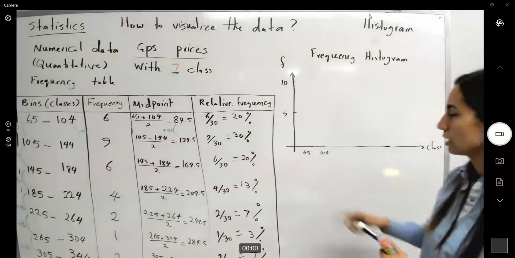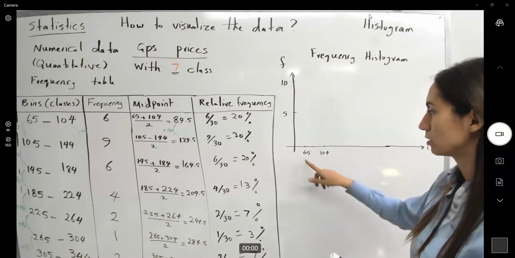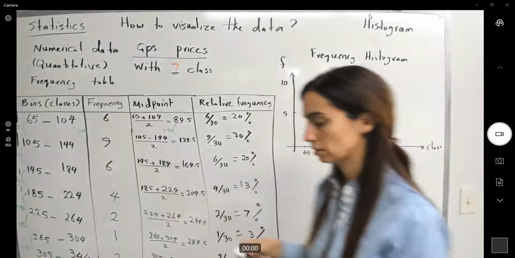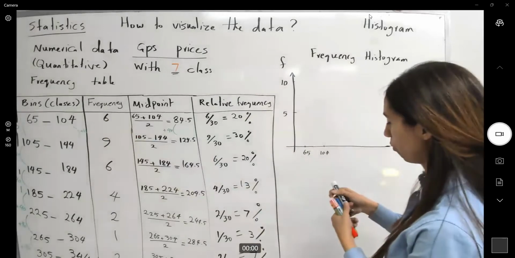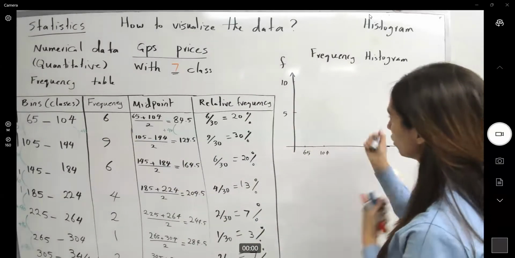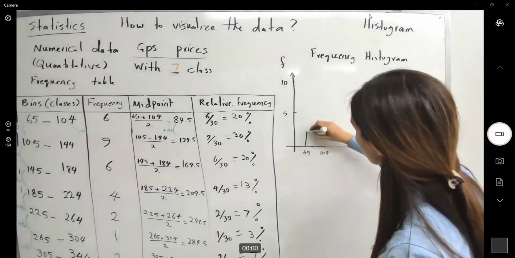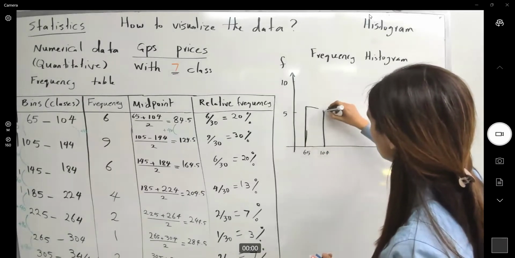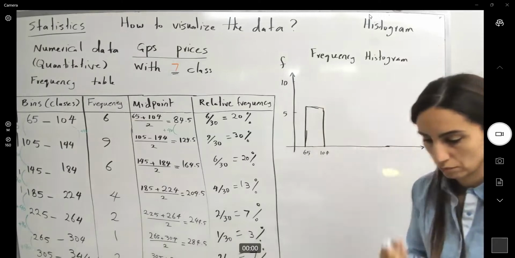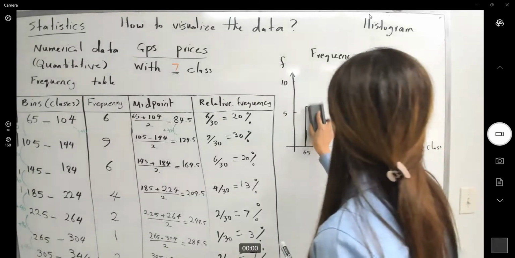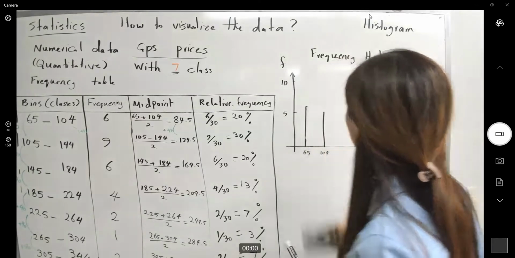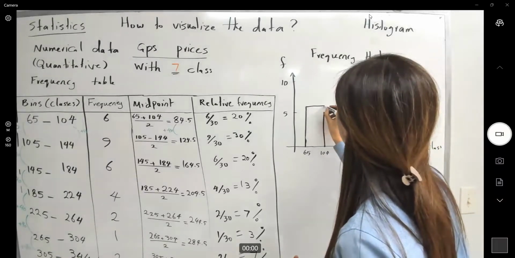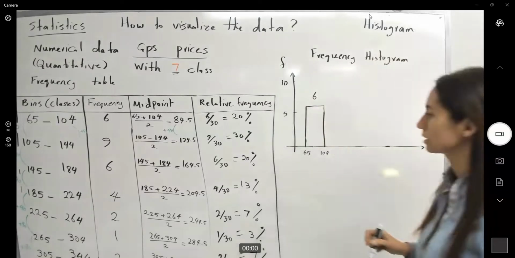It says the very first class, 65 to 104, has a height 6. So it means that you're going to use one box, one bar, with a height or frequency 6, which is going to be roughly here. Okay. Not a nice bar, just a little bit tilted, but that's fine. This is your bar with frequency 6.